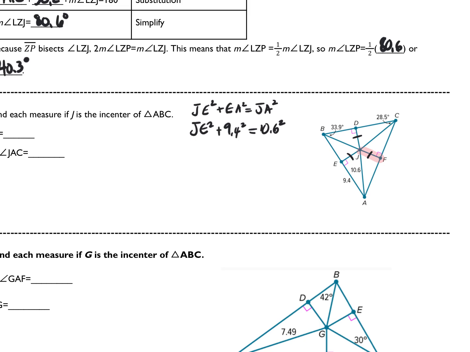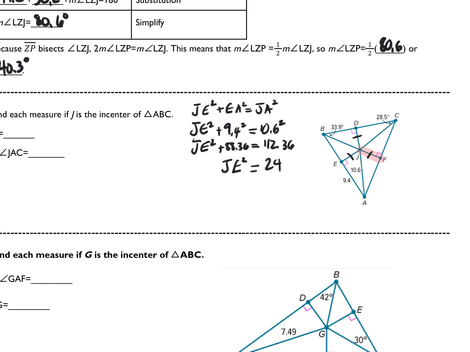So if I do 9.4 squared, I get 88.36. And if I do 10.6 squared, I get 112.36. And then subtract 88.36 off of both sides, gets me JE squared by itself. And it's equal to 24.